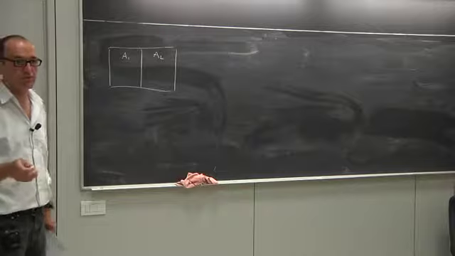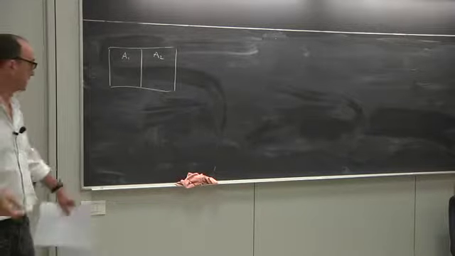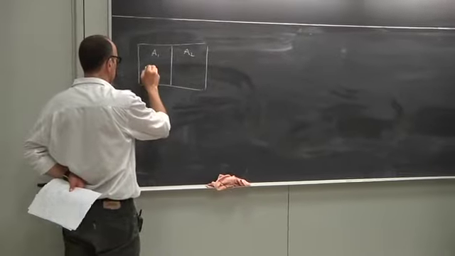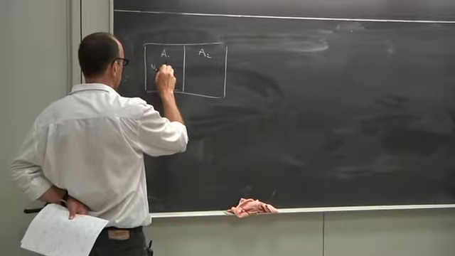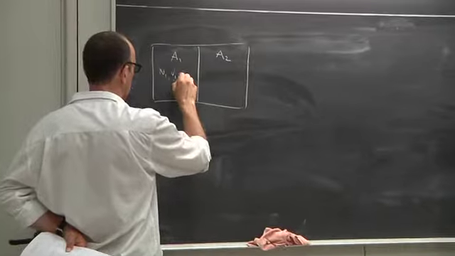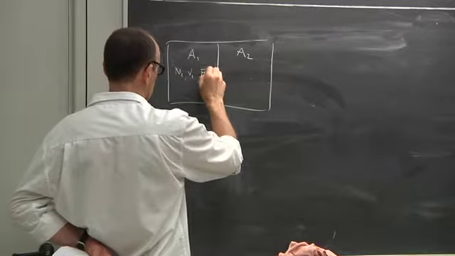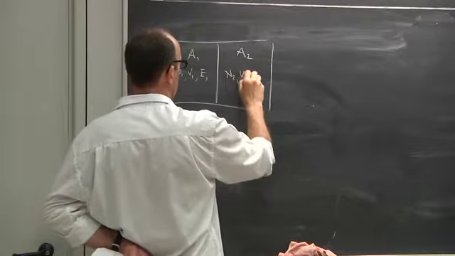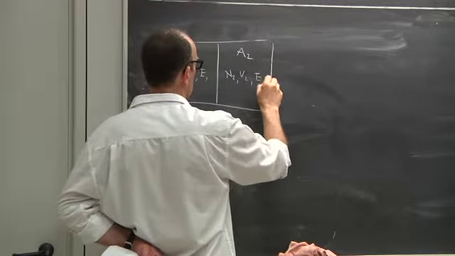Let's imagine there are two different gases, different species. Here there is a number N1 of particles in a volume V1 and an energy E1, and here there is N2, V2, and E2.